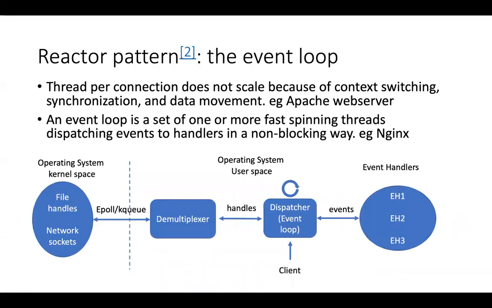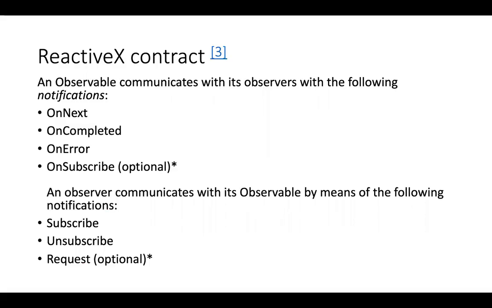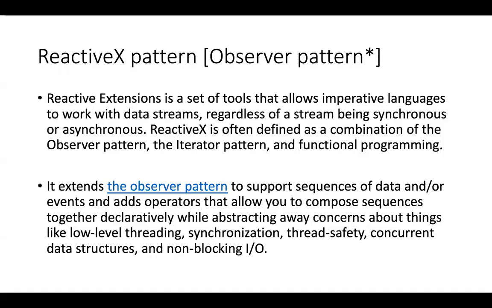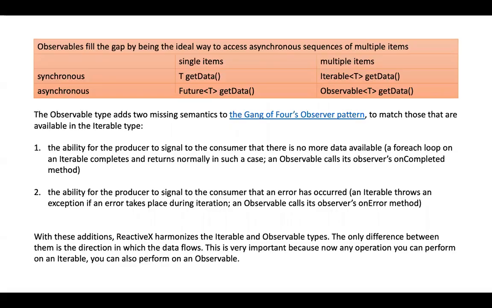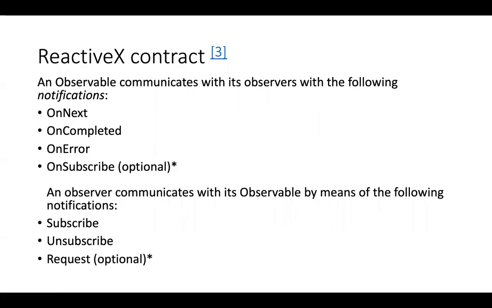Okay. So now coming back to the ReactiveX observer pattern. The observer pattern, how we have implemented it in ReactiveX, is that we have added two things to the actual observable. In the actual observable, we could subscribe and get the notification.